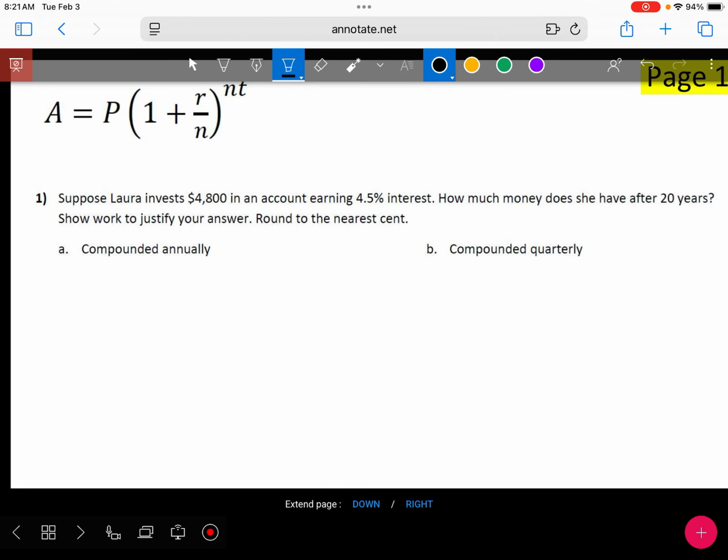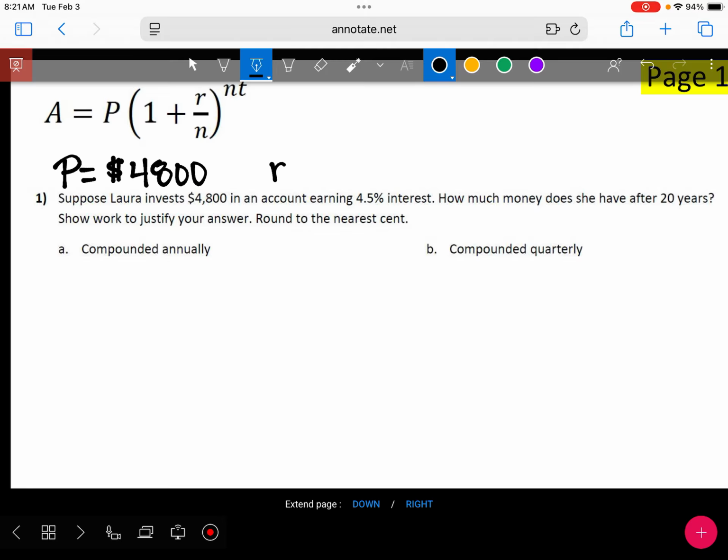Laura invested $4,800. So that is her starting amount. So all of this is going to be the same. The only thing that's different from question to question is N. So for parts A, B, C, and D, our starting amount is $4,800.